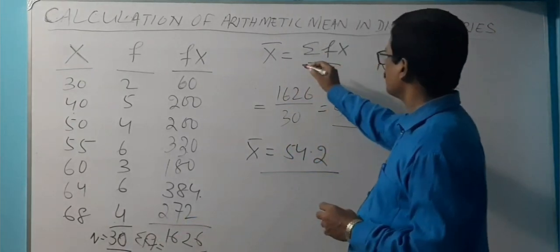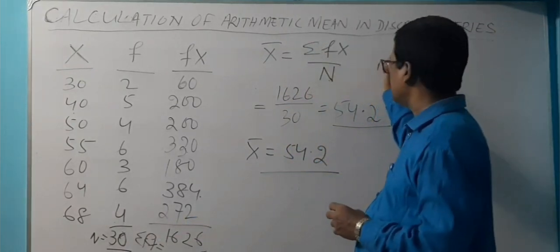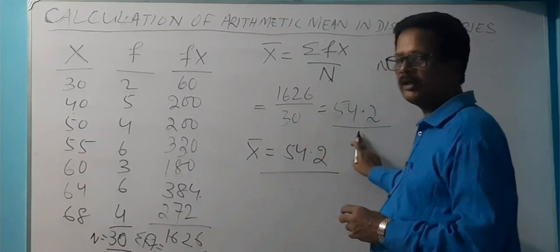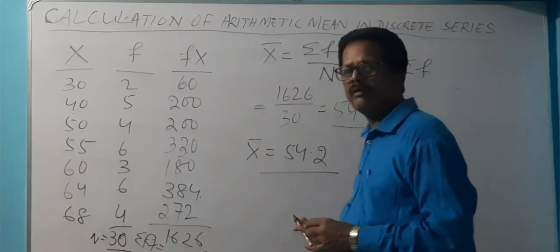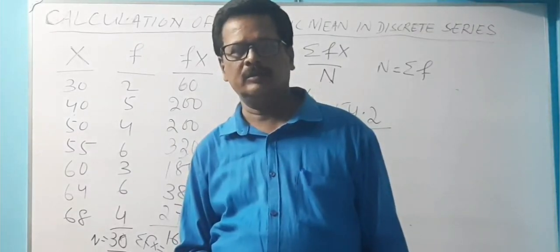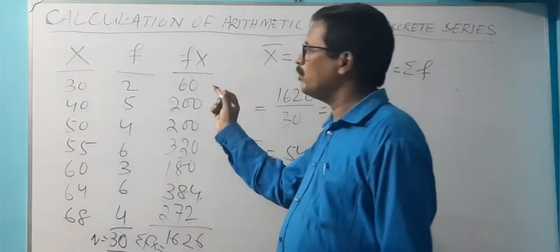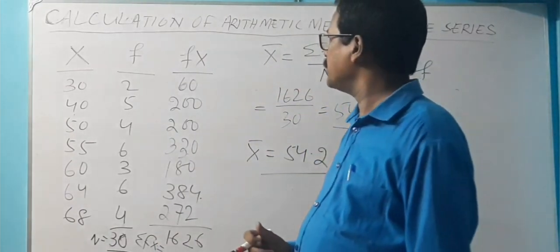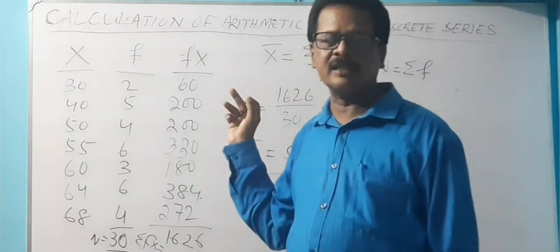Now put the formula x bar is equal to summation fx by n, that is 1626 by 30, it gives rise to 54.2. So x bar is equal to 54.2. Understand? So this is how we have calculated arithmetic mean through the use of direct method in discrete series.